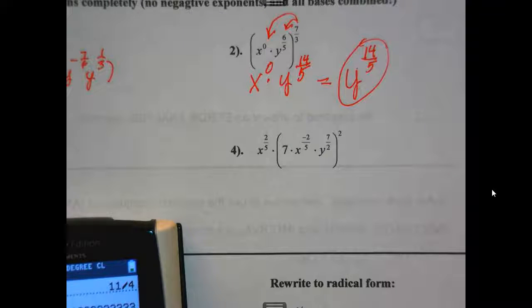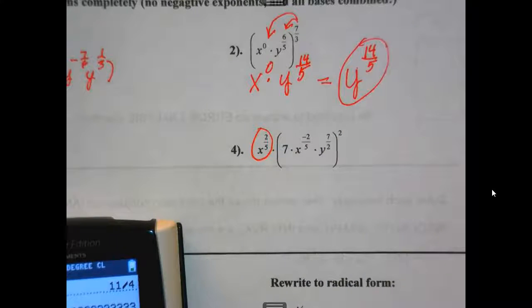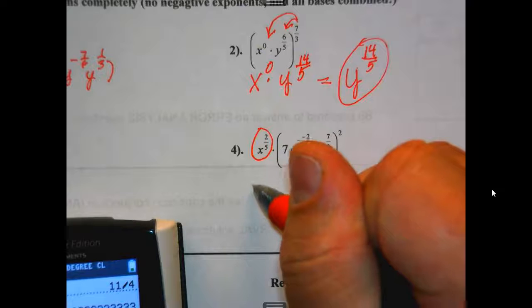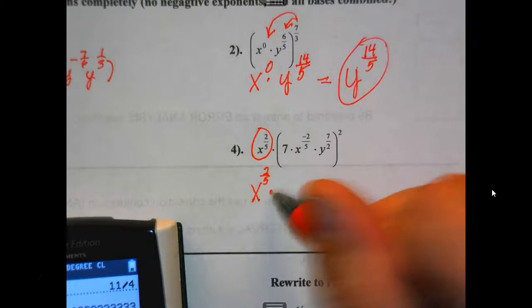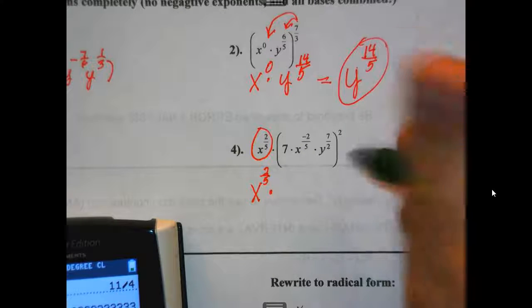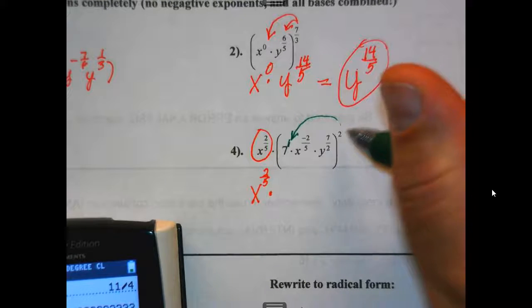Number 4 was kind of a train wreck for you guys. Nothing is happening to this x to the 2/5, so just bring it down. Now, the parentheses, I have to distribute that too. Remember, there's a 1 there.